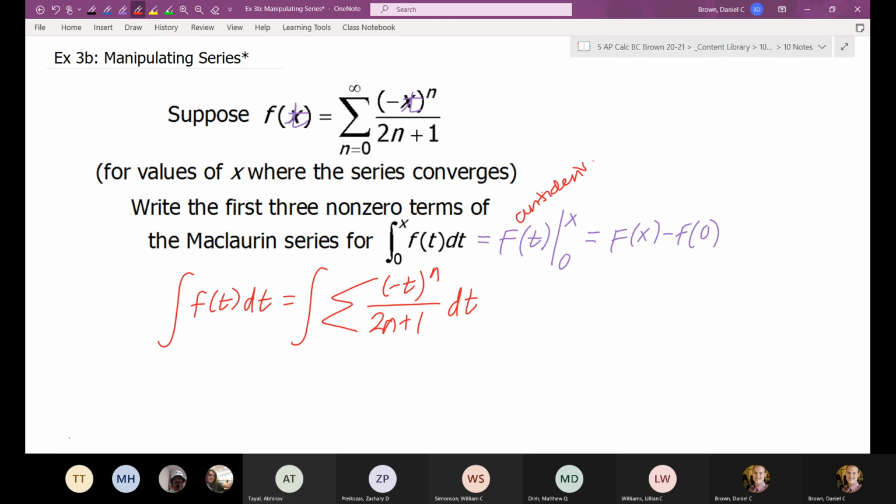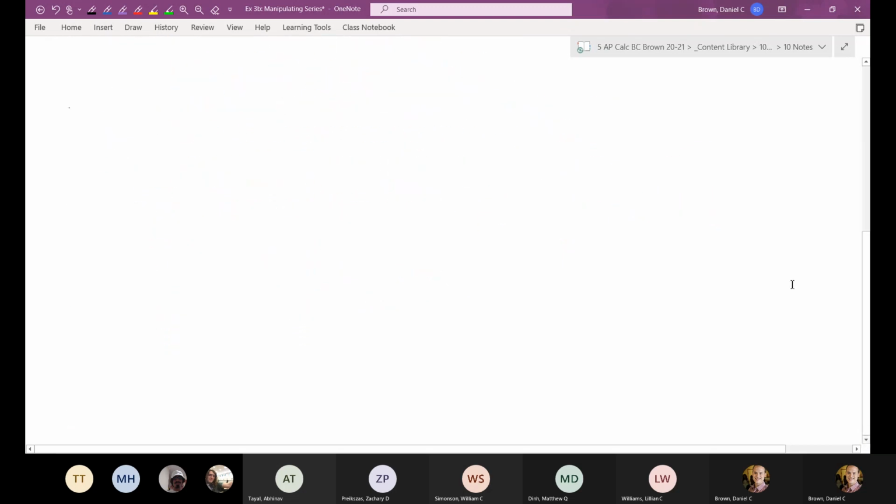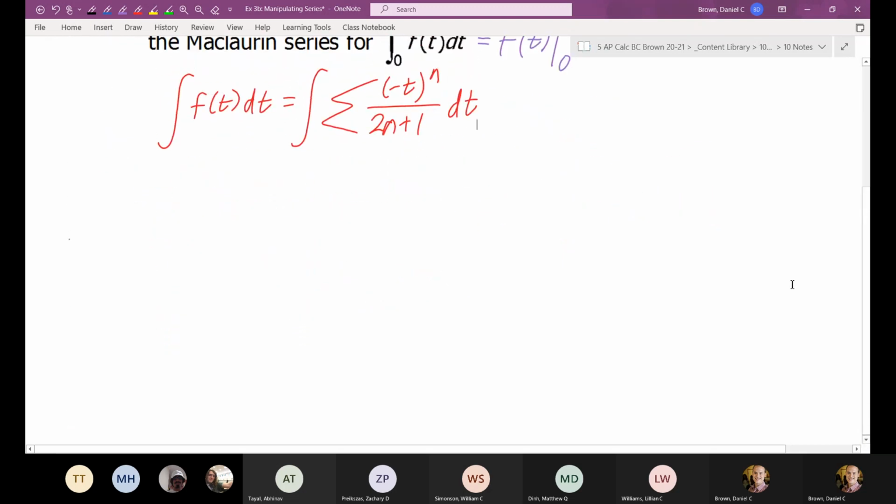I could put the 0 and the x here right now, but I like doing it separately, where I'll find my antiderivative and then plug in the top minus the bottom, because there tends to be a lot of work and I don't want things to get lost in the process. So let's go ahead and find that antiderivative. I'm going to use a capital F of x for it.